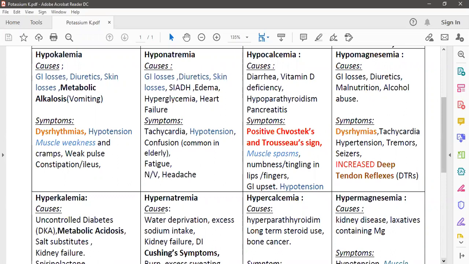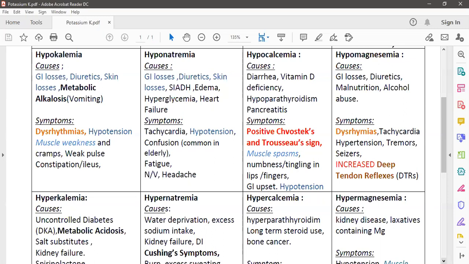So the question comes, if my patient has hyponatremia, what are the nursing interventions? Again, I said, we are nurses. Our responsibility is to take care of my patient.